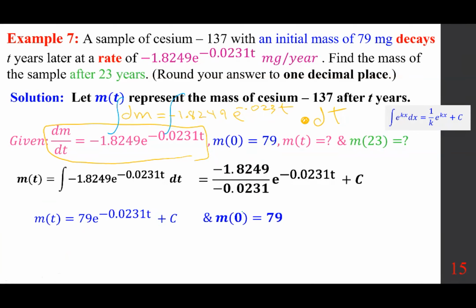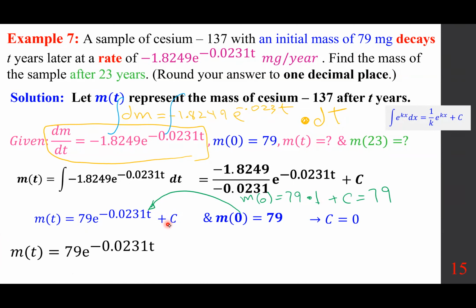So if I replace the t with 0, I get m of 0 is 79 times e to the power of 0, which is 1, plus the constant, it's 79, so the constant must be 0. And so the formula m of t is the same thing without the constant. The constant becomes 0. So we found m of t.